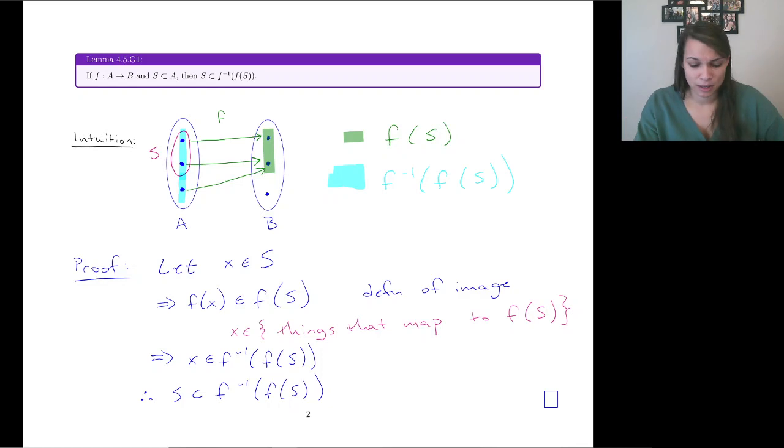Not a fun time. But oftentimes you know what needs to happen. You're like, oh, I know that I need two elements to come in like this, and then I need an element that doesn't get mapped to, if you're doing something with one-to-one and onto stuff. So whenever you're trying to disprove stuff, especially involving images, pre-images, one-to-one, onto, draw yourself a picture. I promise it's going to be a much easier time for you.